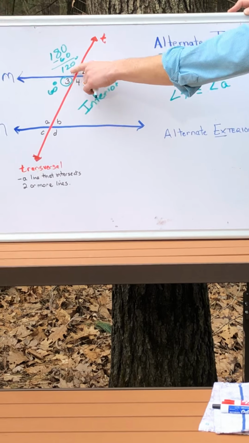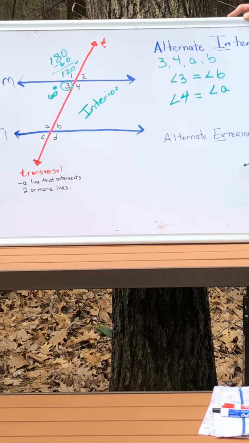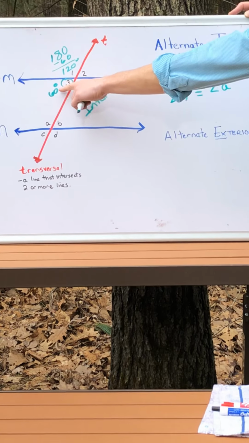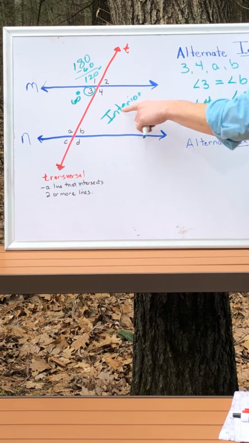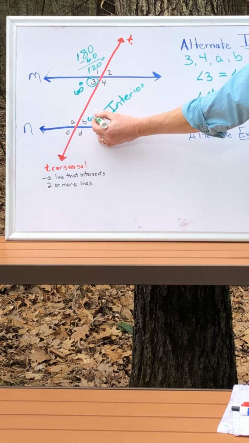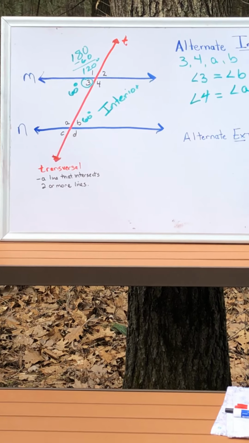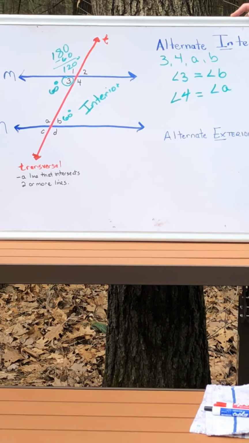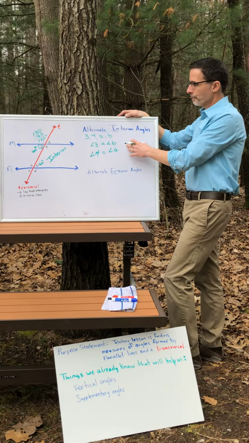Angle 4 and angle 1 are vertical angles. So they're also equal to each other in 120 degrees. Now that I know angle 3 equals angle B because of alternate interior angles, I can bring that 60 degrees down here. And now I can find all 4 of those angles.